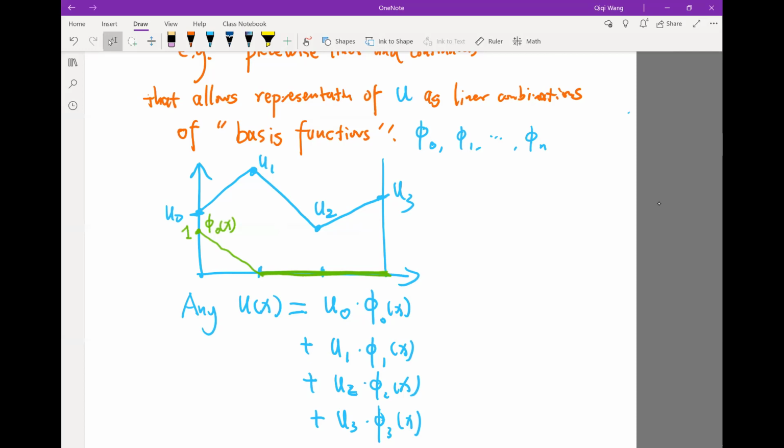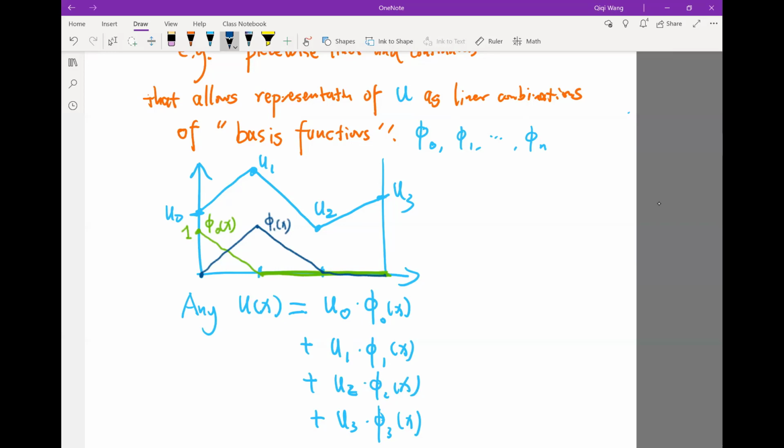Well, phi1 of x does something pretty similar. It starts at 0 here, and increases linearly to the value of 1 at the first grid point. Afterwards, it decreases linearly back to 0 at the second grid point, and it stays 0 for the rest of the domain. That is going to be the form of phi1 of x.